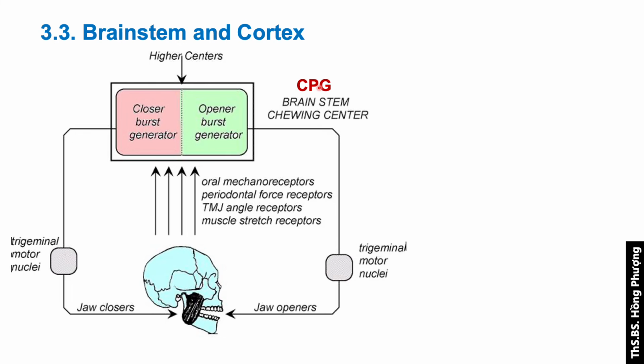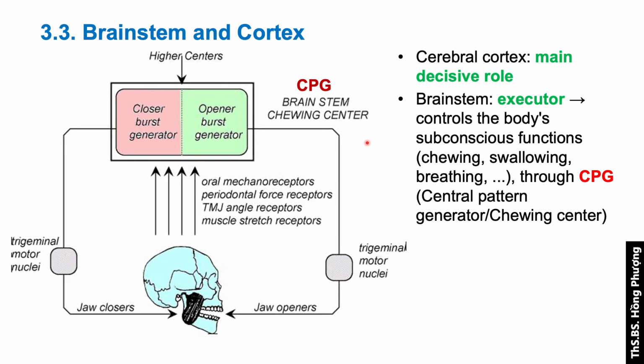At the central nervous system, the brainstem and cerebral cortex work together to evaluate incoming information. The cerebral cortex plays the main decisive role, while the brainstem is in charge of controlling the body's normal subconscious functions like chewing, swallowing, breathing, etc. through the central pattern generator, also called the chewing center.